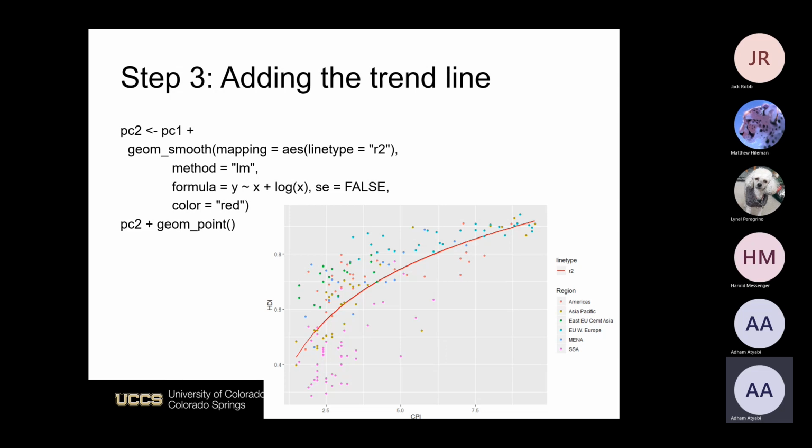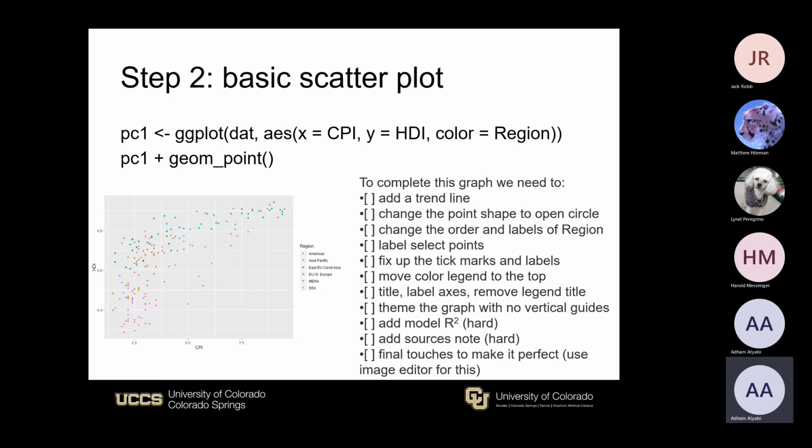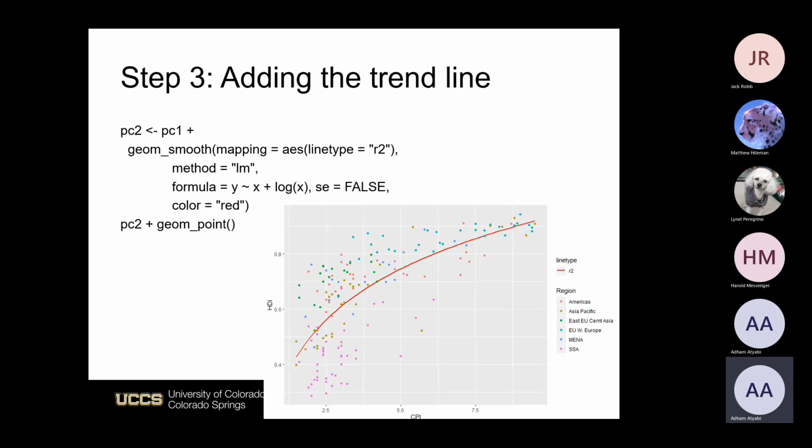After we loaded the ggplot2 data structure, then we added a smooth line, and then on top of that, we called that whole thing p2, and then on top of that, we added a geom_point layer, which basically allows all the points to be placed on top of the line rather than being obscured by the line.